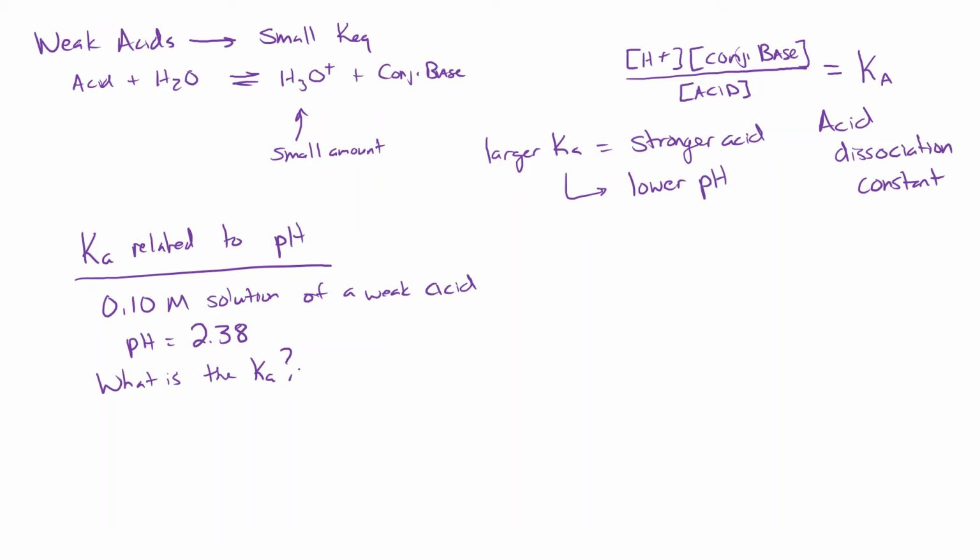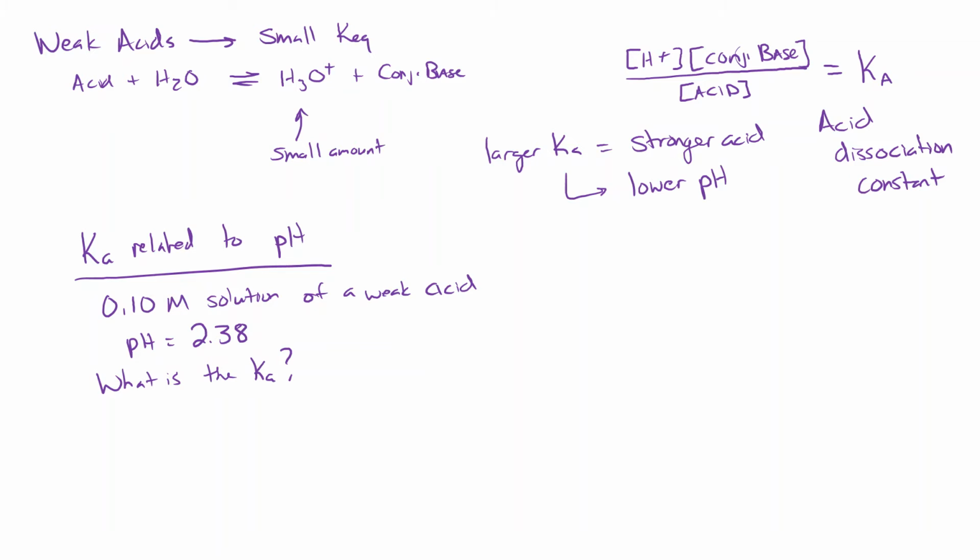And how do we figure that out, right? So we know what Ka is. Ka is the concentration of H plus times concentration of the conjugate base, all divided by the concentration of the acid at equilibrium, right? We know what the pH is at equilibrium. And so this is kind of sneaking in here. We're giving you an equilibrium concentration. We have an initial concentration here. We have an equilibrium concentration here. You guys see where I'm going with this, don't you? I hope so. We've got to make an ice table.